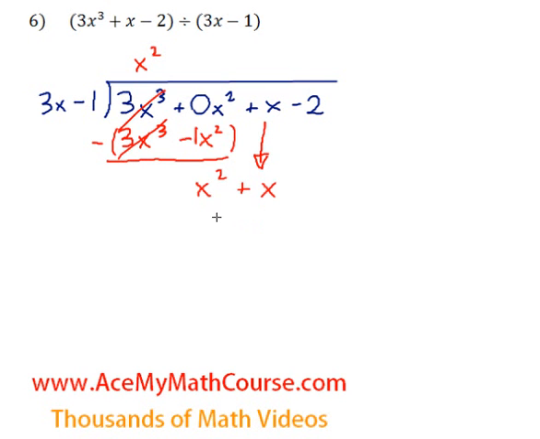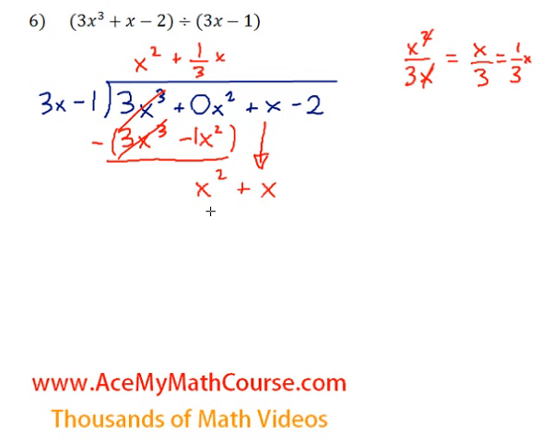Now what do we do? We have x squared and we need to divide it by 3x. What is x squared divided by 3x? It's just going to be x over 3, or essentially 1/3 times x. So that's what I'll plug in here.